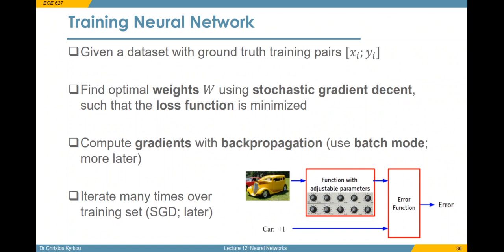And we use a process called stochastic gradient descent to update the weights. So we can think of the weights as some tunable knobs that we can turn in order to make our neural network output the same mapping as the one in the training set.